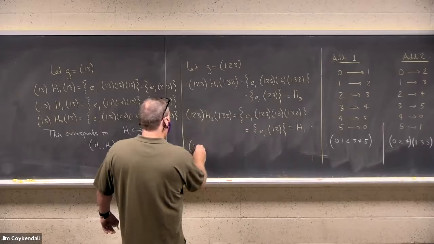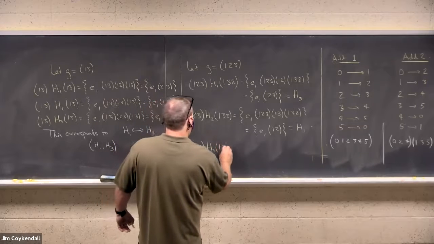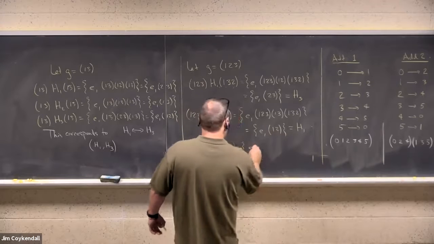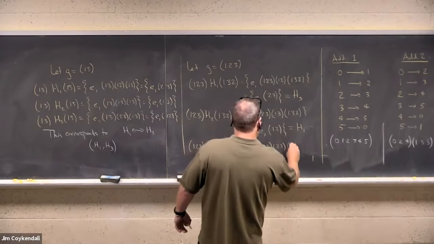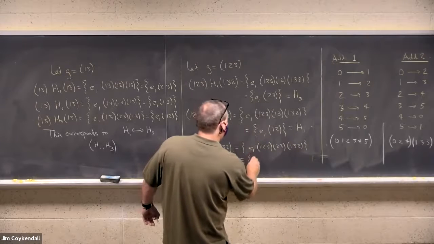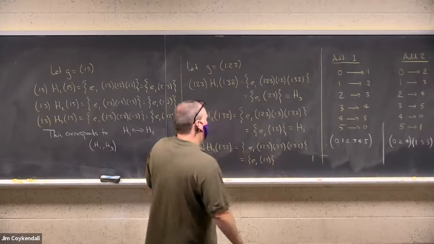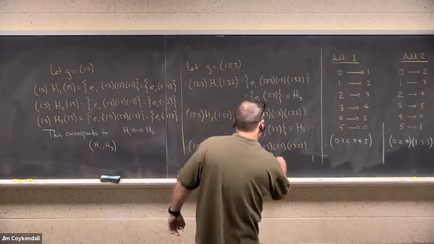And finally, (1 2 3) H3 (1 3 2). This is E, (1 2 3)(2 3)(1 3 2), which is E. Which is H2.